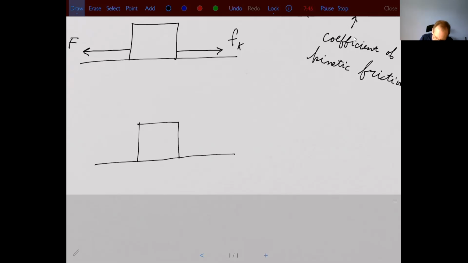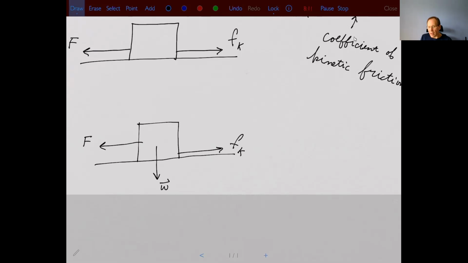Well, we have the gravitational force, which is the weight of the cart that's acting down, right? There may be some applied force. Let's say the cart is moving. So I have an applied force to the left, and then I have, let's say it's moving at a constant velocity, a kinetic frictional force acting to the right.